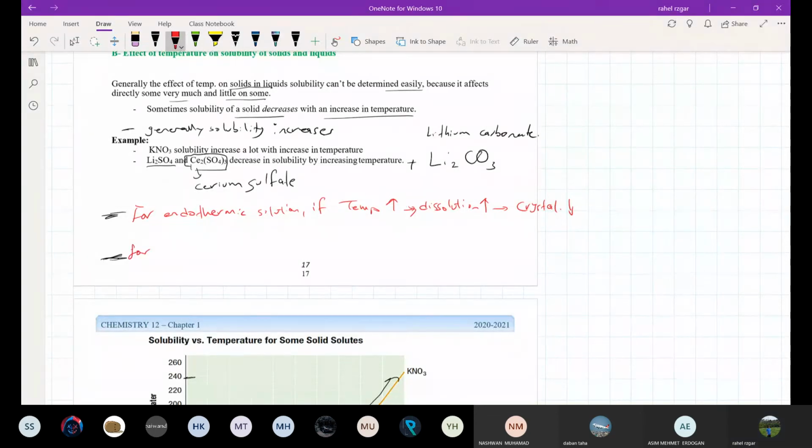These always must be opposite of each other, and of course vice versa. If temperature decreases, the solution decreases and crystallization increases.